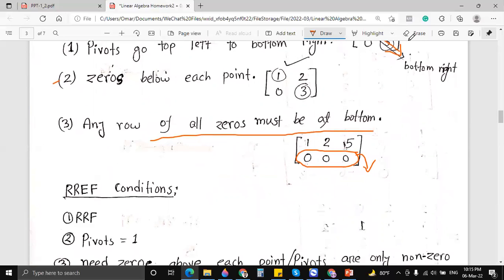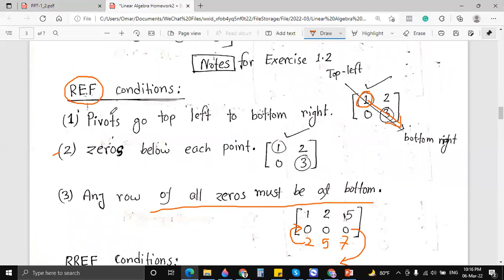For example, if we had another line here that is 2, 5, and 7, we would take this 2, 5, 7 as the second row, and then we would take this all-zero row to the bottom. Okay, Mitchell, do you understand? So these are the 3 conditions for an REF, or row echelon form, matrix.